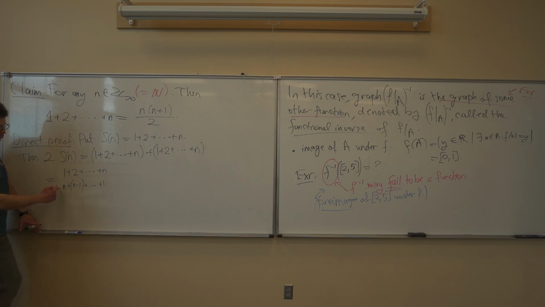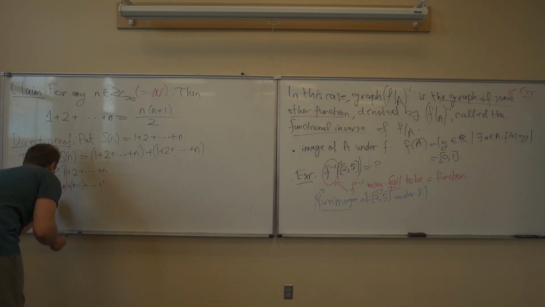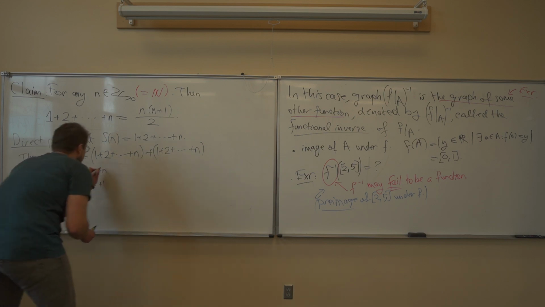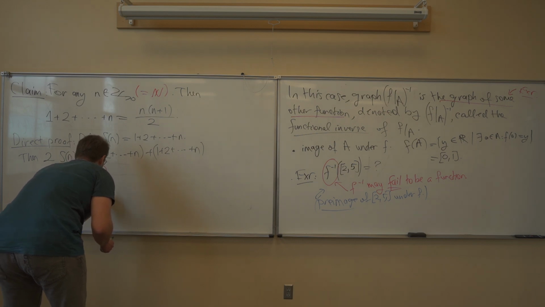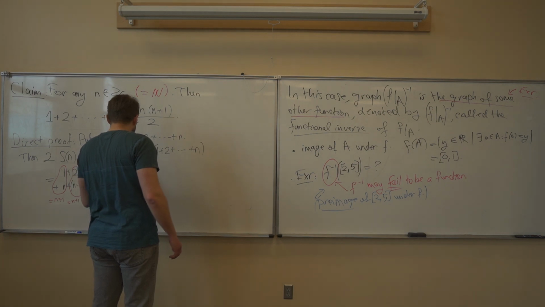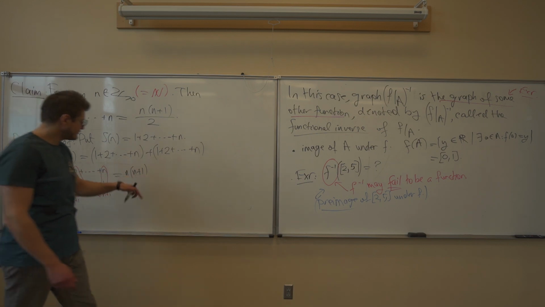And so you see, these 2 terms add up to n plus 1, and these 2 terms too add up to n plus 1, and likewise this too adds up to n plus 1. So I have a bunch of n plus 1s. How many do I have? Well, there are n many, which means that this has to be equal to n times n plus 1. Well, if twice S of n equals that, S of n has to be this divided by 2.